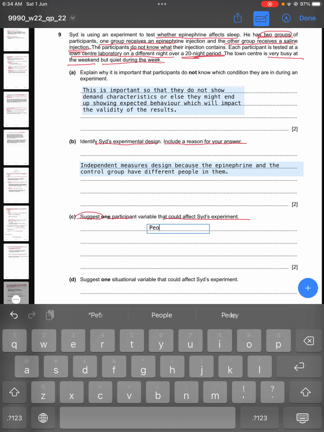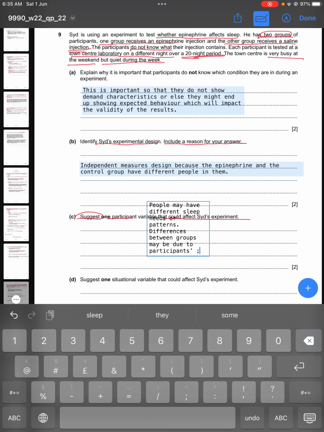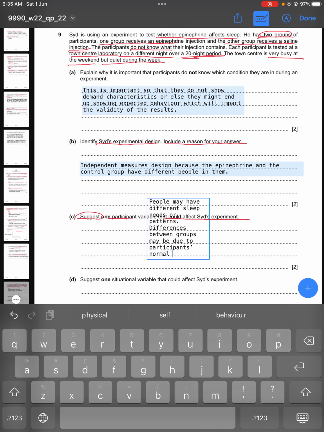For example, I write people may have different sleep needs or sleep patterns, differences between groups may be due to participants' normal sleep rather than epinephrine.